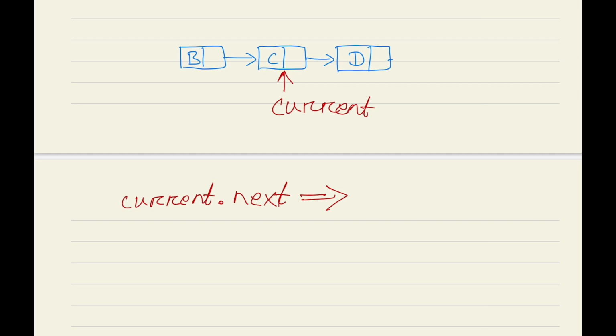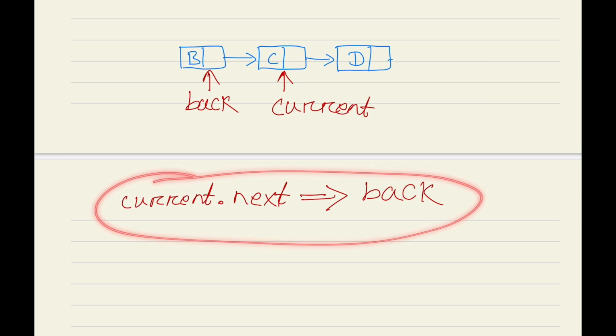So assume we are taking one reference variable similar to the current and this one is back. So back is the previous node of current. If we want to update the next of current, the current dot next is going to refer to back. This is the only statement we want to do.